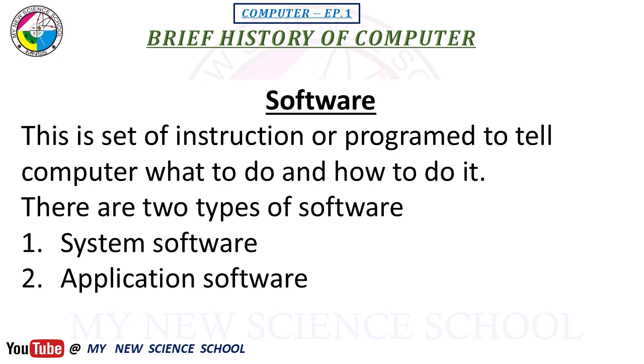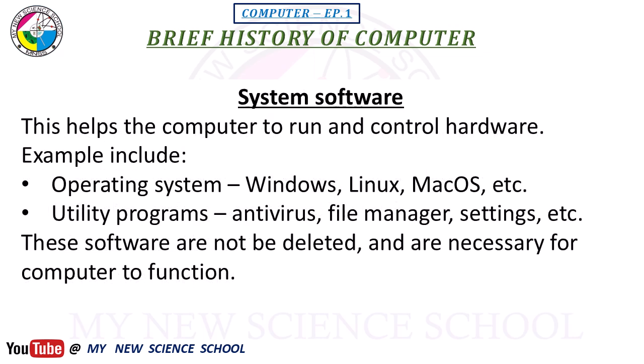So now let's see the definition of system software. System software helps the computer to run and control hardware. What are the system software? Those are software that are necessary for a computer to function. Without them, the computer cannot function.